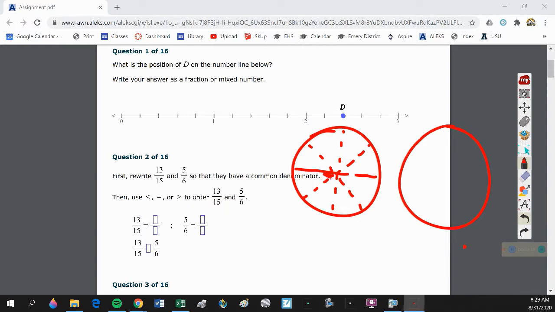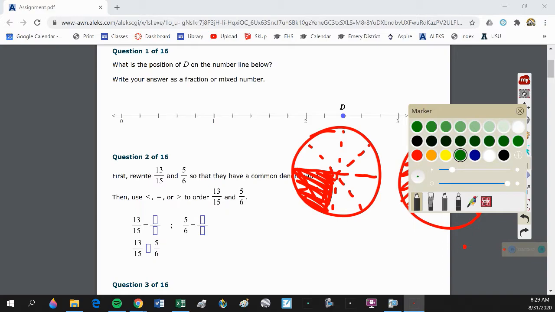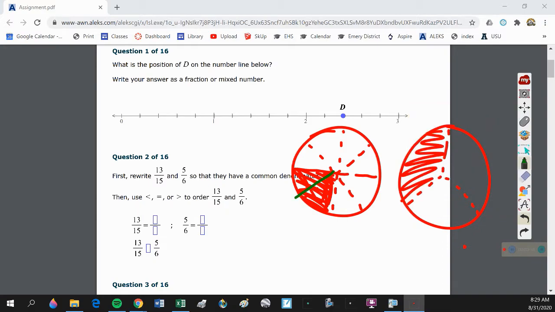And one cheesecake had this much left. And one cheesecake had this much left. So the first one is 2 pieces, and the second one is 1 piece. And I asked, how much cheesecake do I have left? And you said 3 pieces.